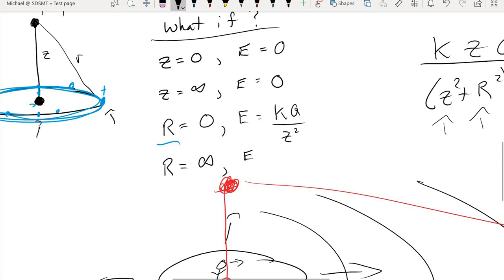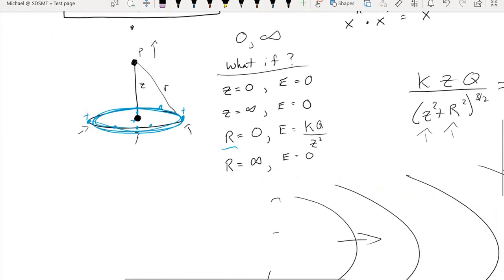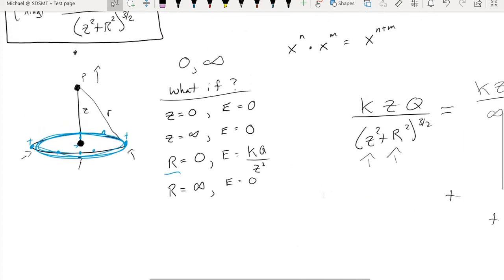Okay, so this is what I was talking about when I said we want to be able to see what happens to our expressions at given extremes.